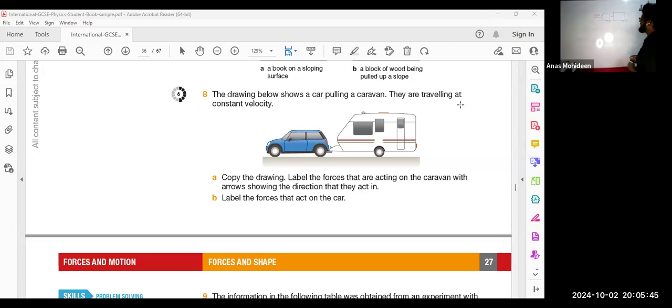So you see, two frictions are there: between the tires of the car, the first object, and the road, and the caravan and the road, the second object. Both frictions are acting in the opposite direction while the driving force is going forward. So ultimately, what is the driving force you are giving? That is the same driving force applied here as well.